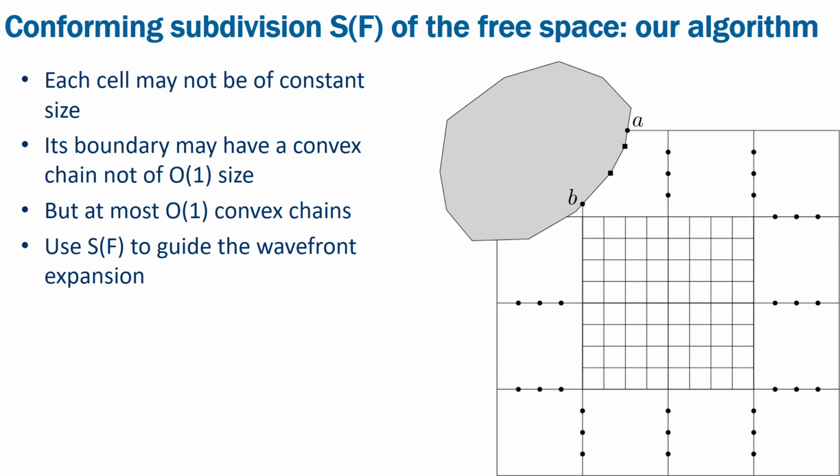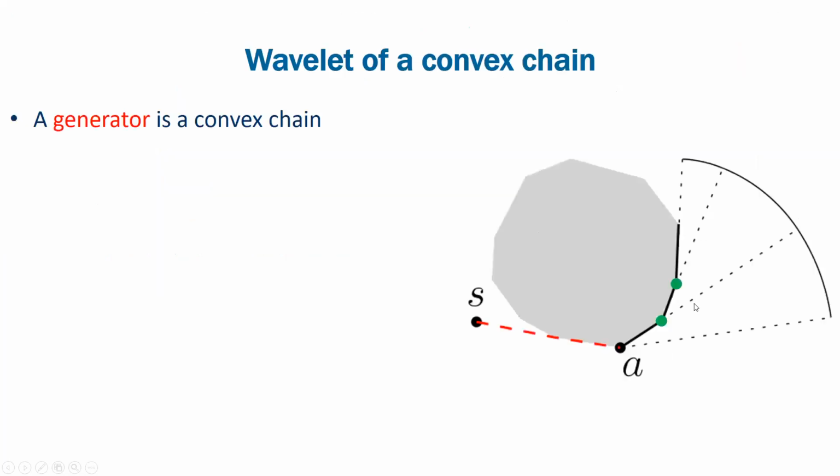And we use this subdivision to guide our wavefront expansion. Now a generator is not a single vertex, it's a convex chain. Like this one, this is a wavelet.